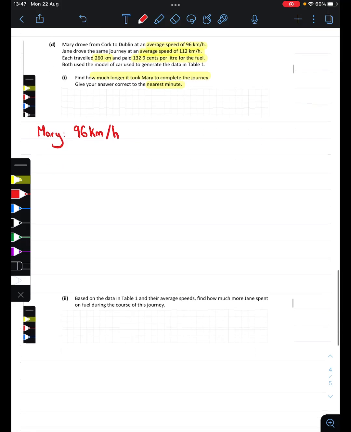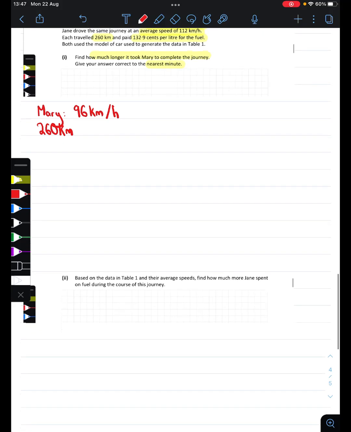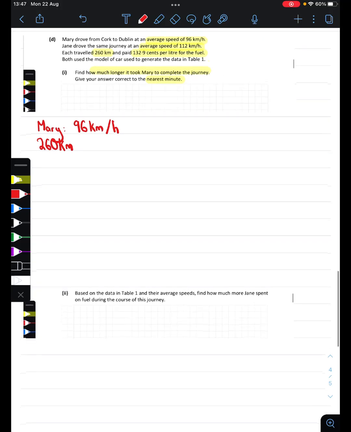So how long will it take her to go 260 kilometers? Well, we have this formula, speed equals distance over time.